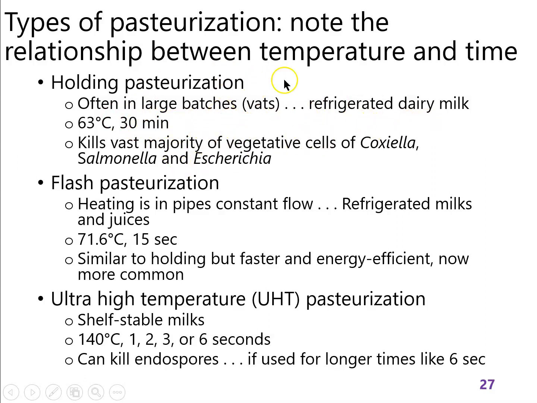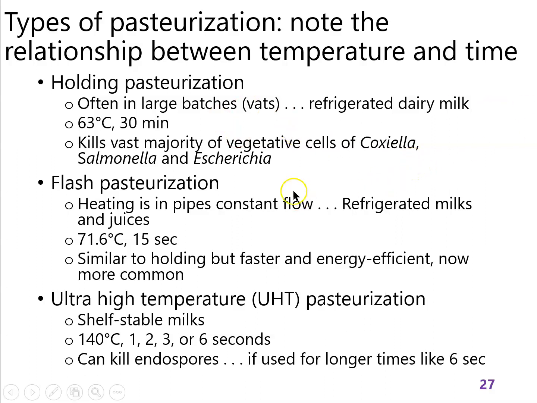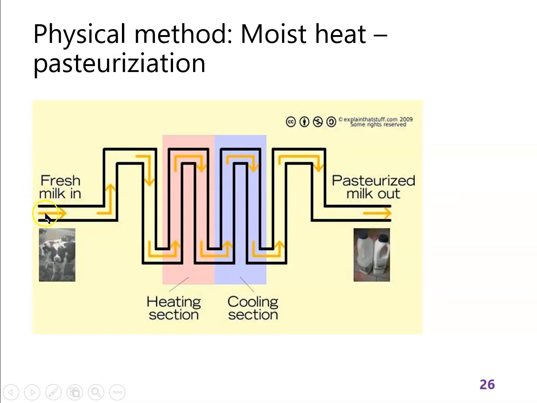This is a slow way to pasteurize anything, and it's very energy intensive. So a newer, more common technique is what they would call flash pasteurization. This is where they have liquids flowing through pipes. The liquid goes through pipes, and the pipes go through a hot section where everything in the pipe gets heated, and then they go through a cold section where it rapidly gets cooled again.